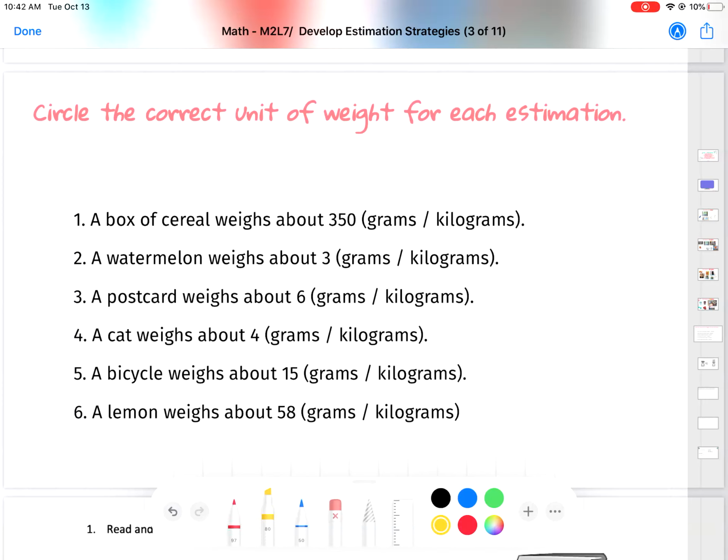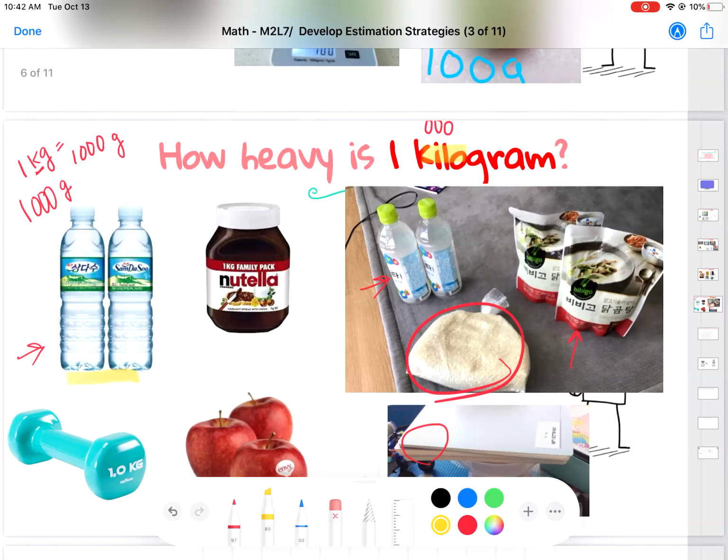So let's have a look at our first example. Here it says a box of cereal weighs about 350 grams or 350 kilograms. We're going to see which makes sense. We know that 1 kilogram is about 2 bottles of water.